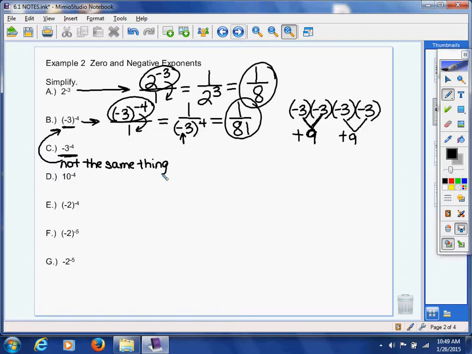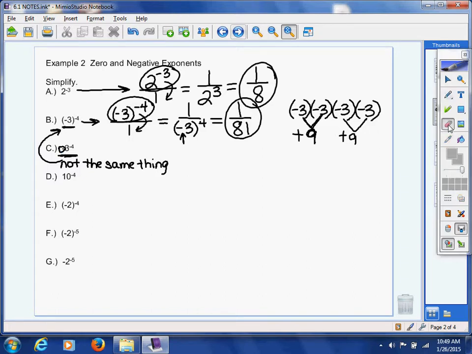What it says is the opposite of 3 raised to the -4th power. So that negative sign right there, and I'll try and circle that, my pen is a little blobby, has nothing to do with the -4 power that's there. The only way to include it is if there were parentheses around that -3, and there's not.